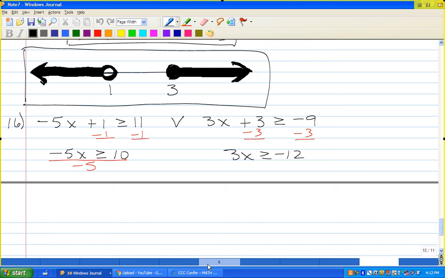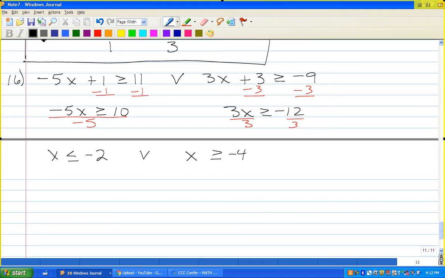So let me divide both sides of my inequality by -5. And so I get x is less than or equal to -2, or dividing by 3, x is greater than or equal to -4. Okay. So I just want to graph it, right?